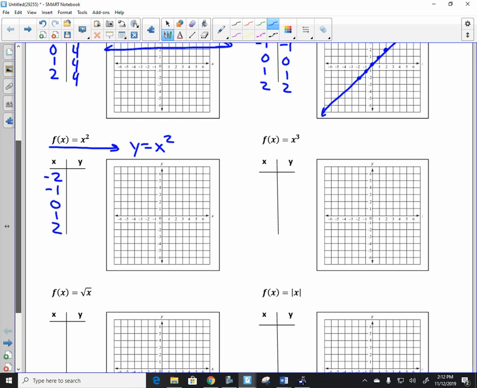If I take -2 and I plug it in, what do you get? 4. If you square a negative, it becomes positive. Square -1, you get 1. Square of 0, you get? We have 1 and 4. I plot these points.